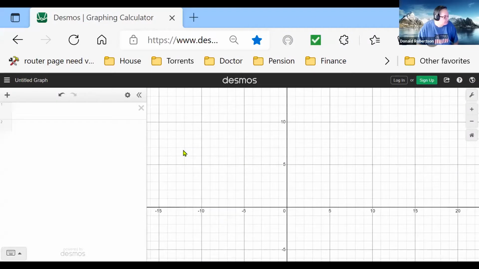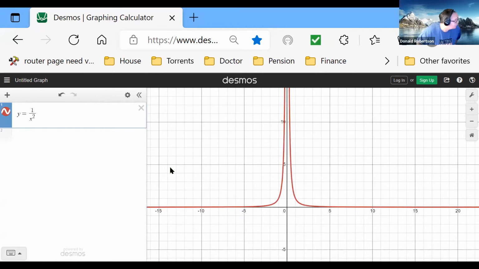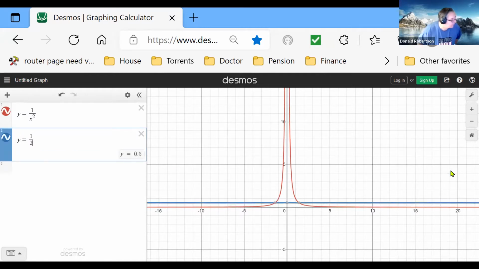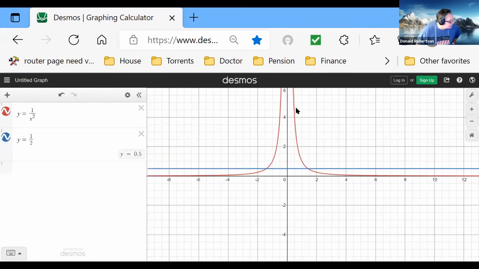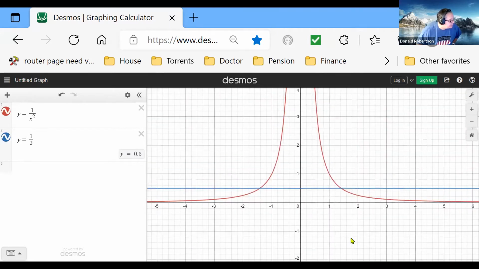Right, are you looking at Desmos? Okay, so what you basically do is type in y equals 1 over x squared, and then y equals, in this case, a half. And sometimes you have to move it around a little bit, up and down. There we go.